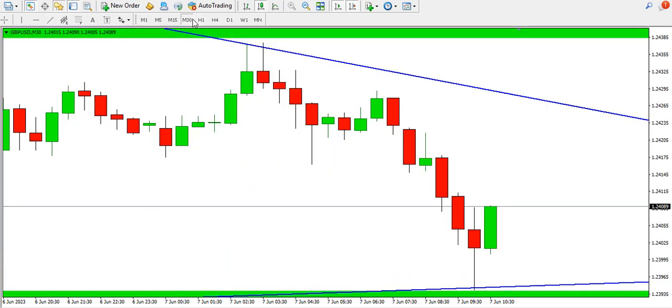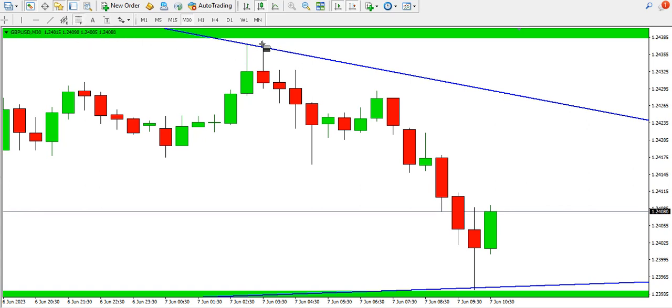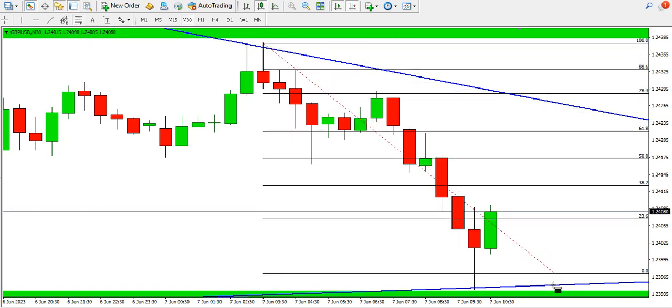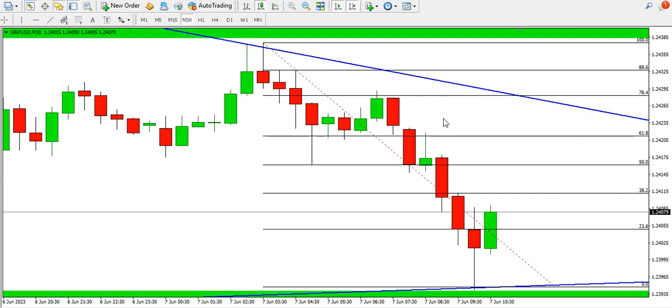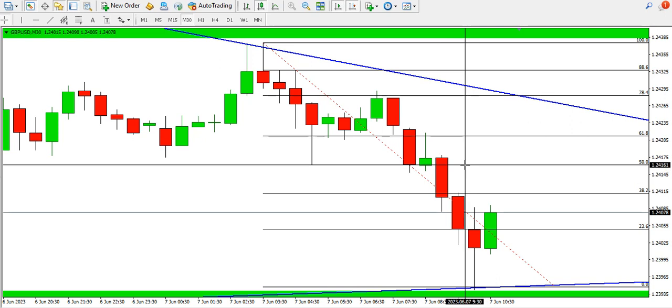On the 30 minutes time frame, the bears are currently in charge and the bulls are stepping in. Bulls are trying to step in until we see price push above possibly the 50% Fibonacci level, which is the 1.24161 level.